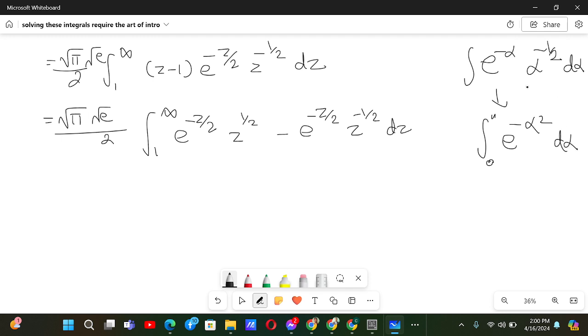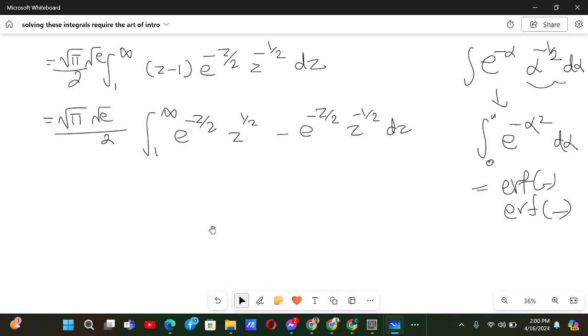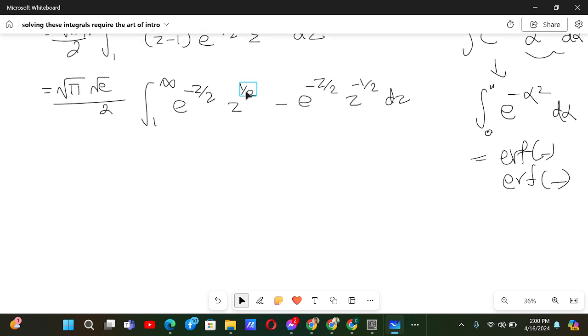Only if it's minus 1 by 2 can you get to this case where you can use erf or erfc of some variable. And here it's 1 by 2, so you might not be able to take this to the erf function. So for that you can first use integration by parts to reduce the power of this g to the power 1 by 2. That's a helpful way to solve this.